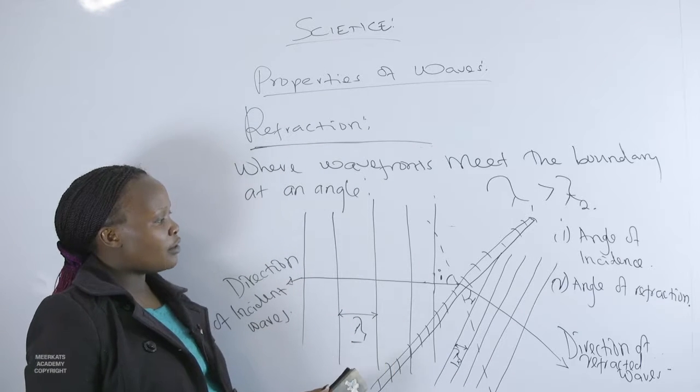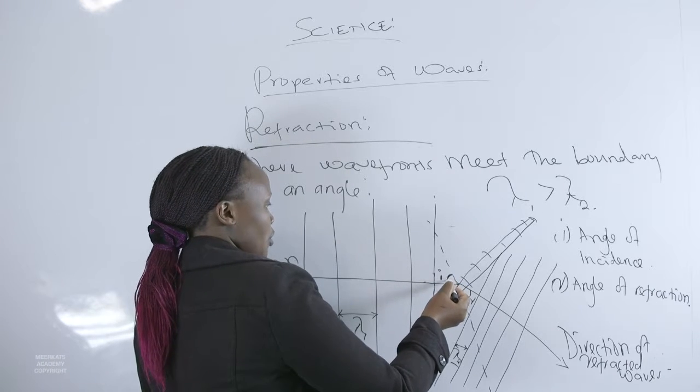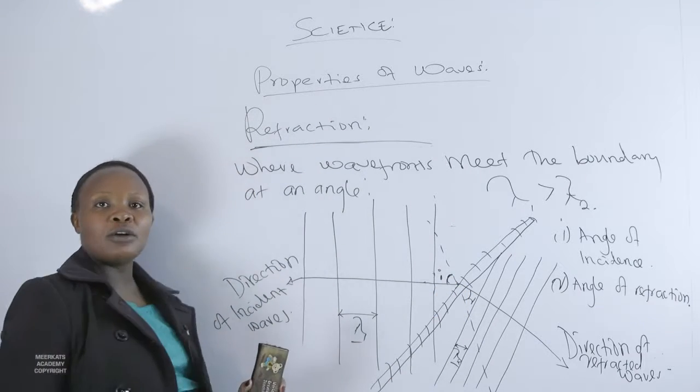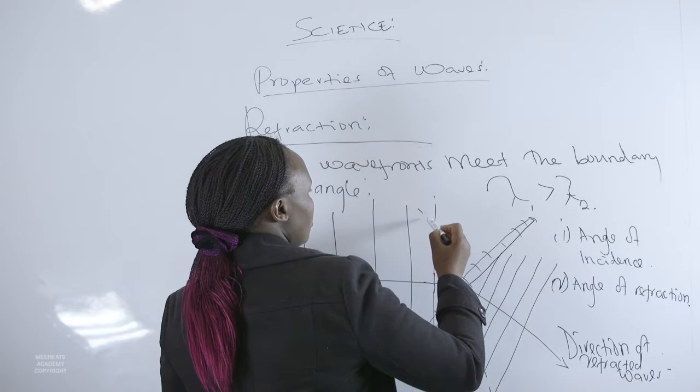However, we have said that we have an angle I, which we are claiming to be the angle of incidence. We have tried to come up with a normal.